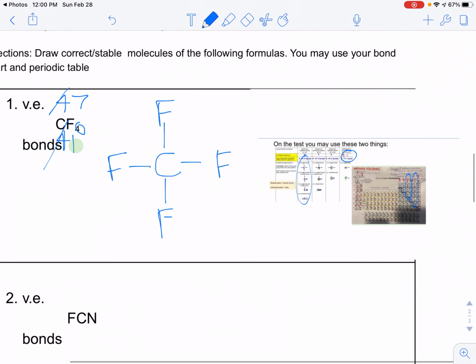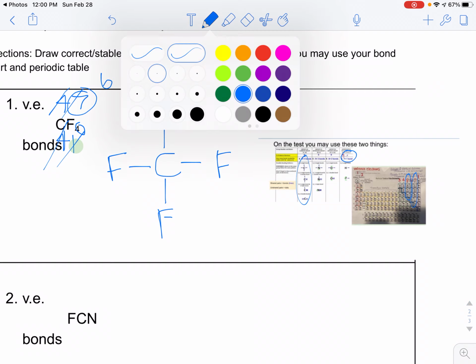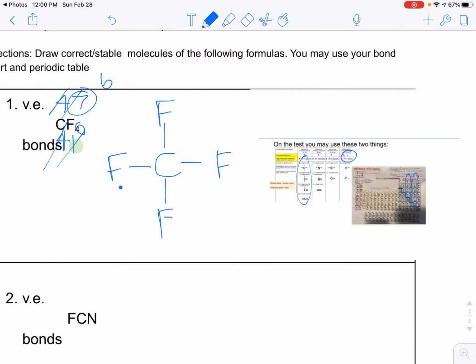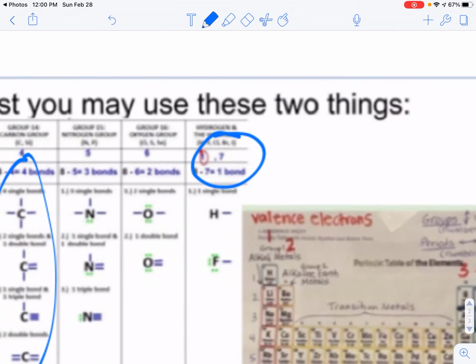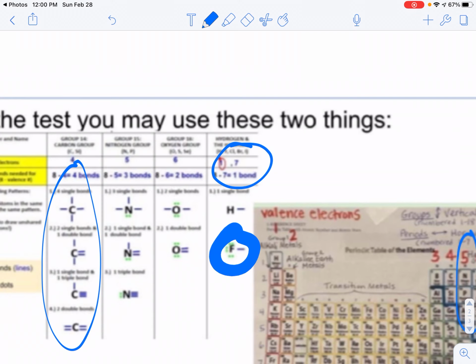On the other hand, F with 7 valence electrons and only 1 in the bond, that means 6 are left as dots. So I'm going to put 6 dots around each one. And that looks like what we see on the F here with the green dots.